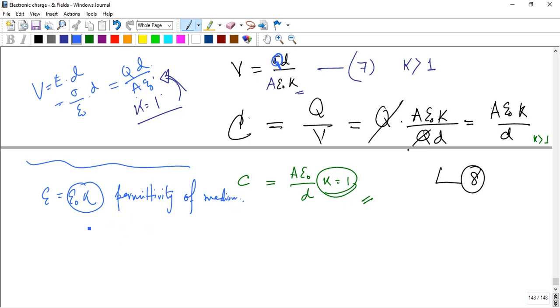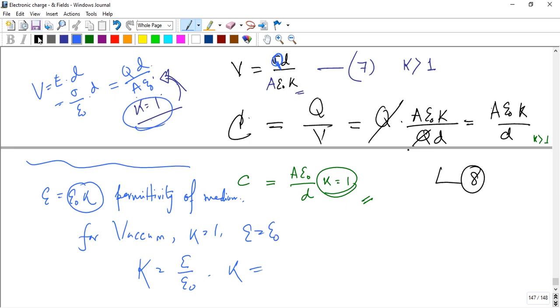For vacuum, K equals 1 and epsilon equals epsilon naught. So finally K equals epsilon over epsilon naught, and K is called the dielectric constant.